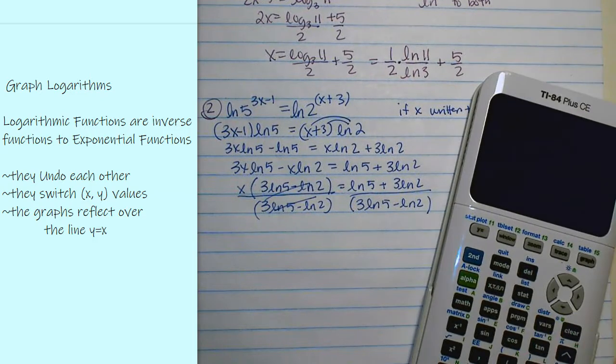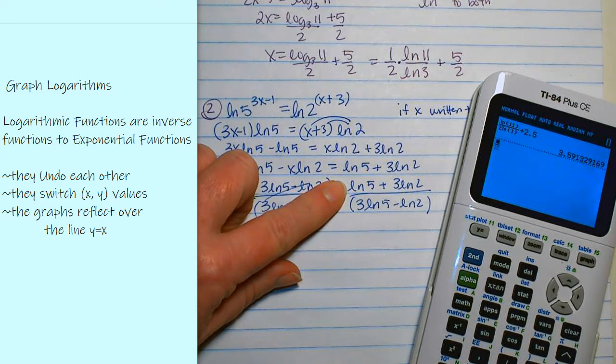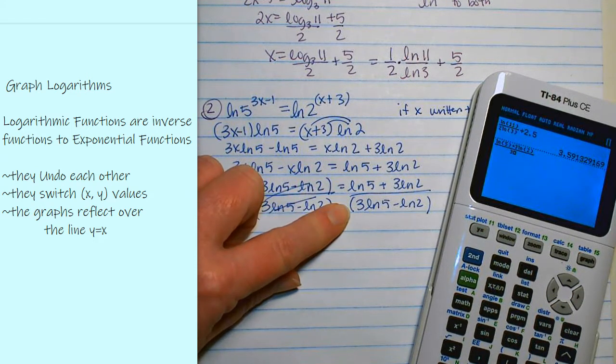So let's do that. I think the easiest way, if you've got this calculator, is to make a fraction. So alpha x gives you fraction. We can type it in just like this. Natural log of 5 plus, and I need to clear that, the natural log of 5, I need to close my parentheses so that I don't have composition of functions, plus 3 natural log of 2, close parentheses, 3 natural log of 5, close parentheses, minus natural log of 2, close parentheses.